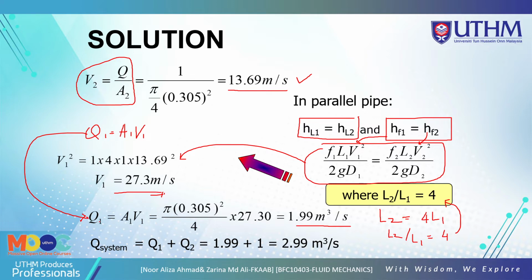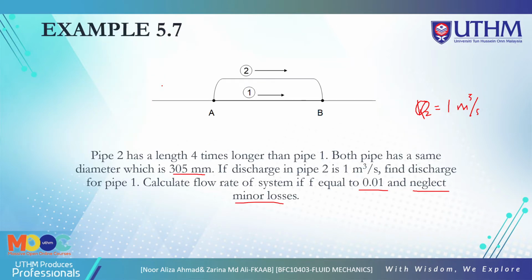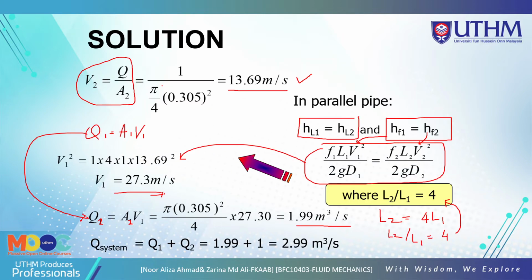So actually this is Q2, A2 and V2. So Q2 is 1 meter cubic per second. And this is Q1, where Q1 is A1 V1, so you get the value of 1.99 meter cubic per second.